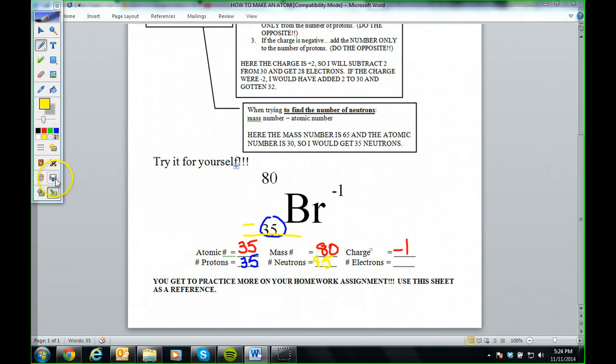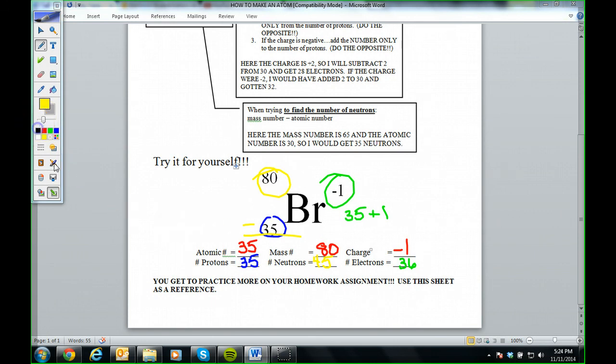And electrons are, do the opposite, 35. Always go back to the 35, but do the opposite, plus 1, 36. And does that make sense? Yes. We have one more electron than we do protons. Electrons have a negative charge, and therefore we have an overall negative charge.